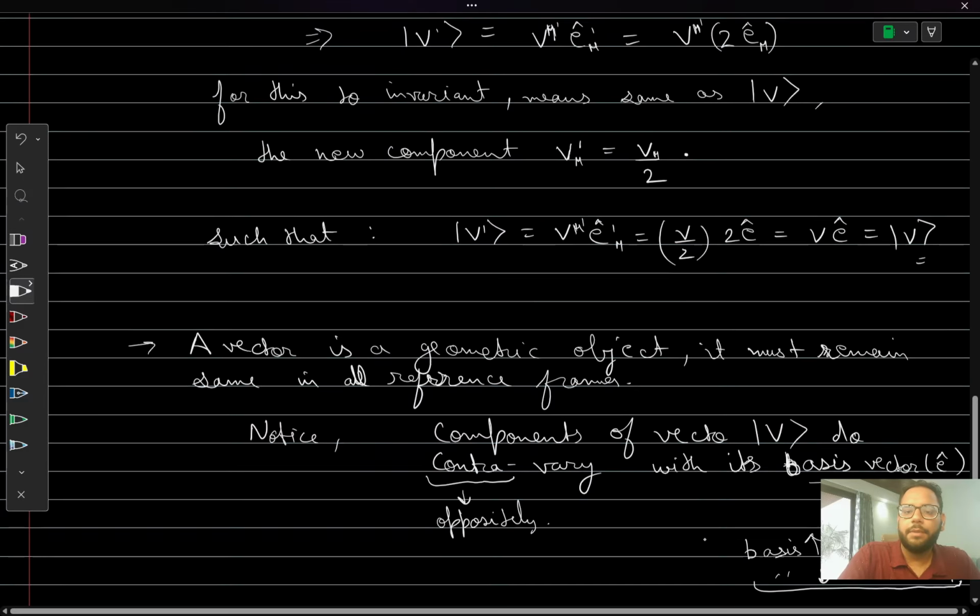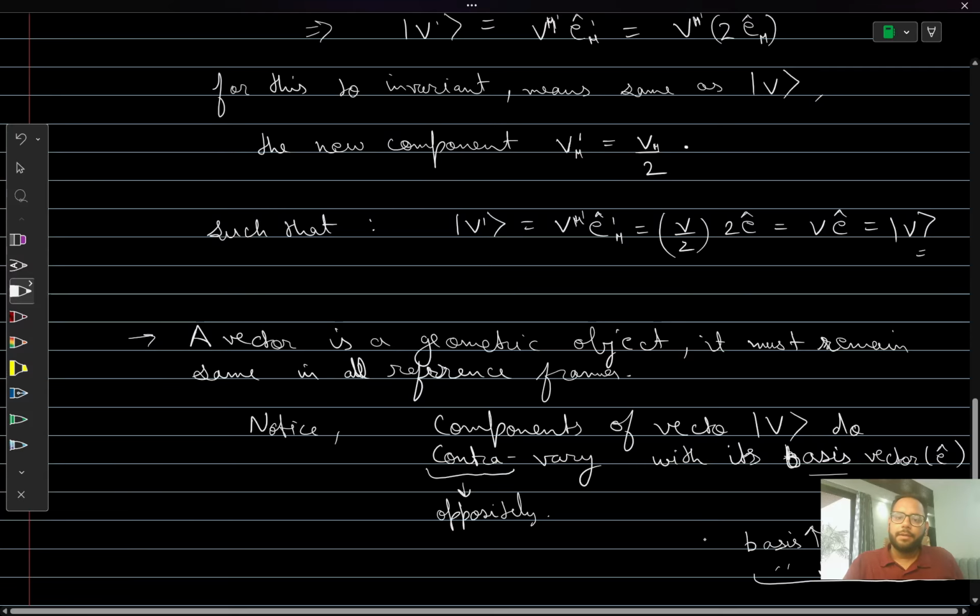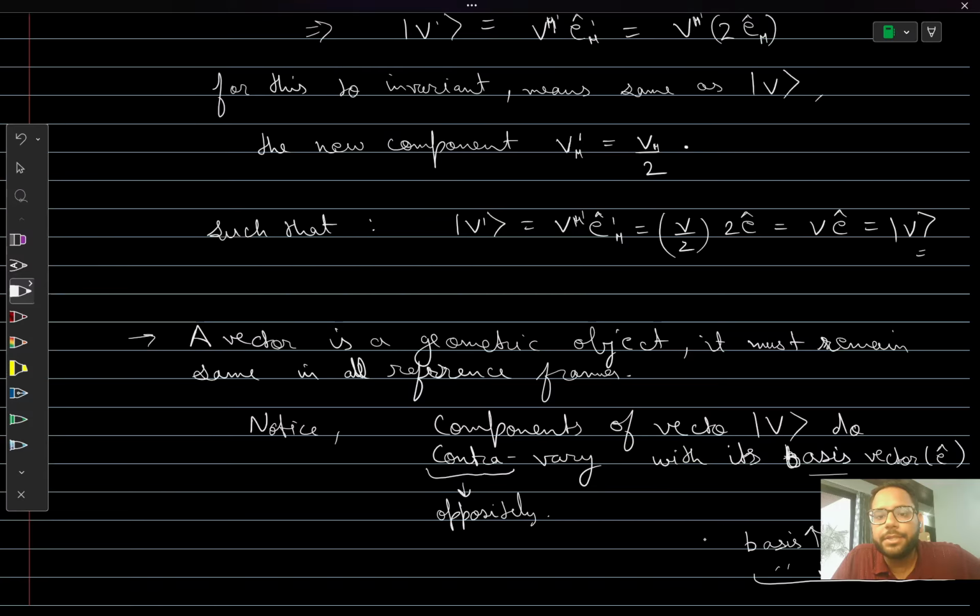Okay. There can be two ways. Either you put your prime over the objects like bases or components, or you put the prime over the indices only.